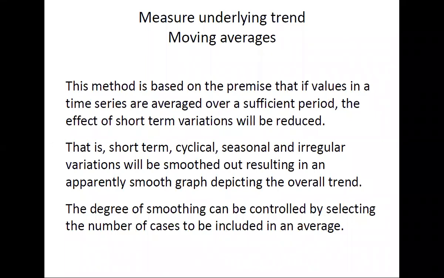Now the next point: the degree of smoothing can be controlled by selecting the number of cases to be included in the average. So we have to decide on the moving average order we are going to use. Good.